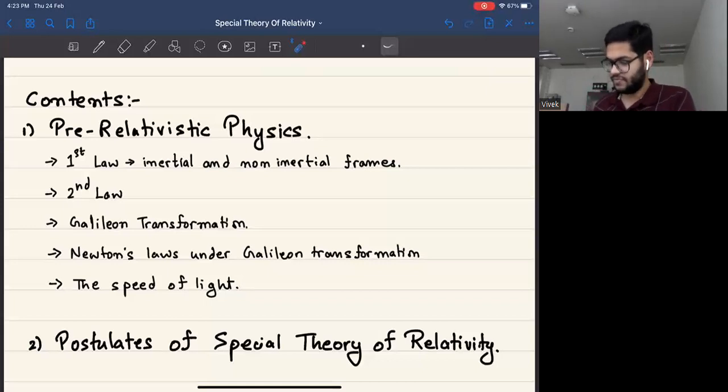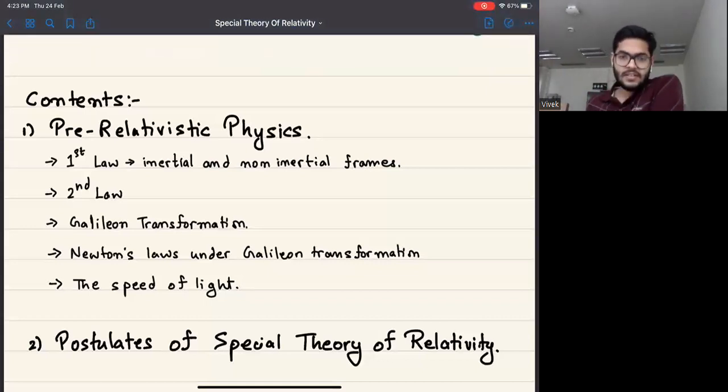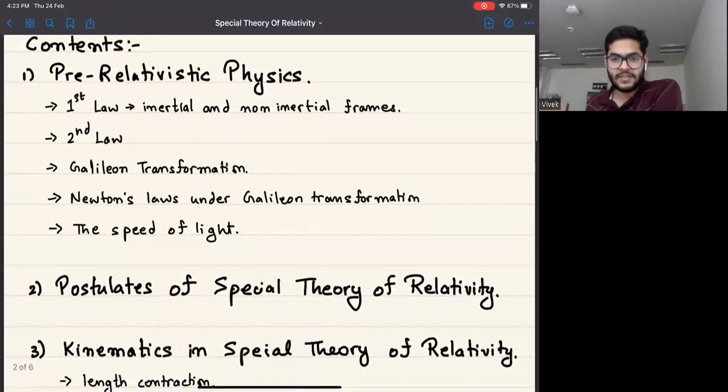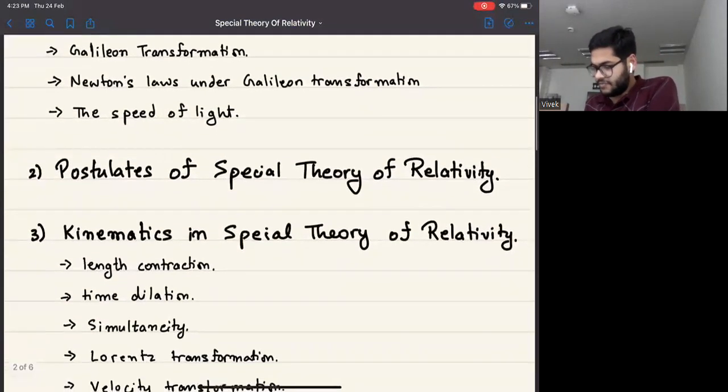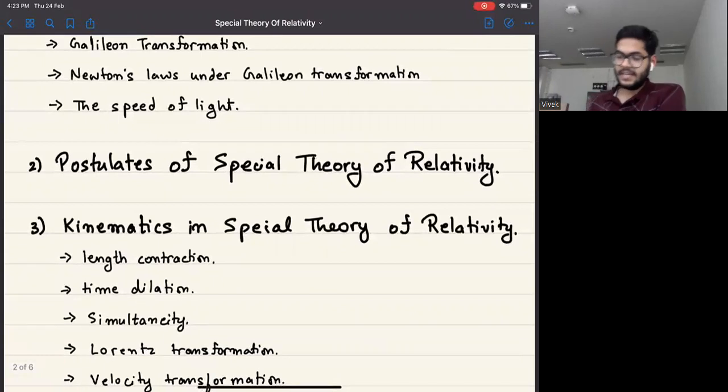And because of these inconsistencies, we had to throw away the pre-relativistic physics, and because of this reason, relativistic physics was discovered.